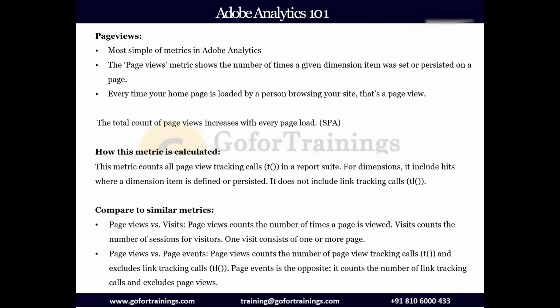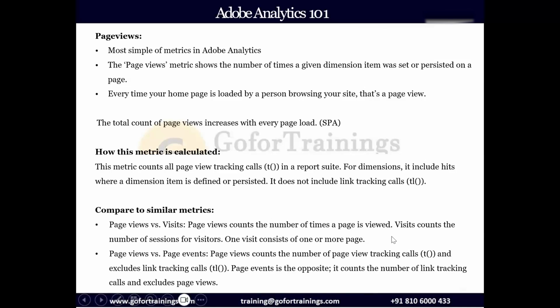Later on, as I cover more and more topics, you will get to know how to do this, what is t, what is tl. But this is at a high level. If someone is talking about s.t, they're talking about page views. If they're talking about s.tl, they are talking about link tracking. So there are only two things: either you track something as a view, or you track something as an interaction, also called link tracking.